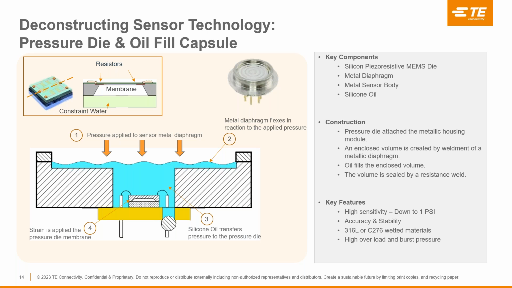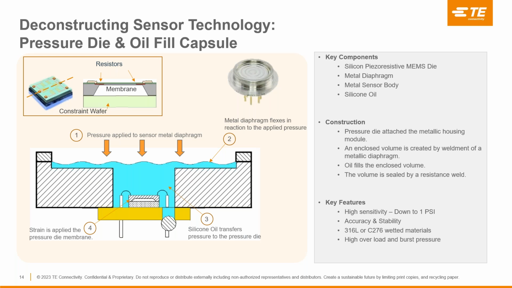To make this sensing element device compatible with the widest ranges of gases, the pressure die is bonded into a metallic sensor body. A metal diaphragm is then welded to the sensor body, creating an enclosed volume. This enclosed volume is filled with silicone oil and then sealed with a resistance weld.